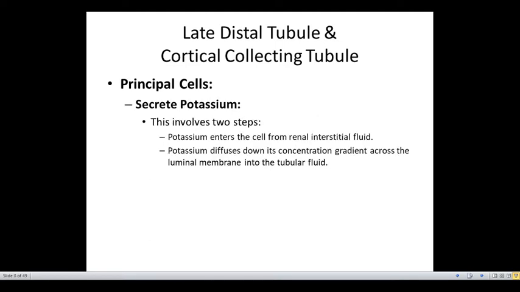Principal cells secrete potassium. This involves two steps. Number one, potassium enters the cell from renal interstitial fluid. Number two, potassium diffuses down its concentration gradient across the luminal membrane into the tubular fluid.